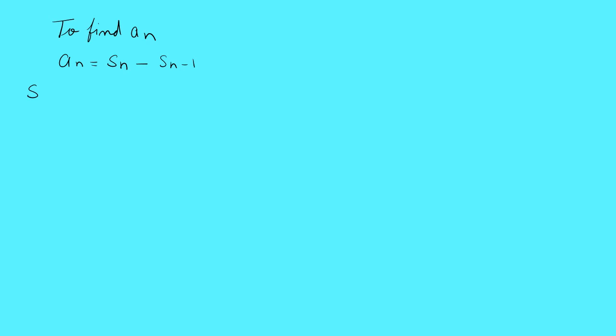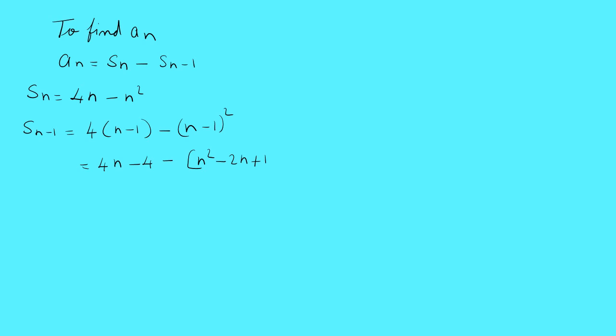So Sn equal to, you have to substitute, 4n minus n square, and Sn minus 1 equal to 4 multiplied by n minus 1 minus n minus 1 whole square, that is 4n minus 4 minus of, use the identity a minus b whole square, that is n square minus 2n plus 1.